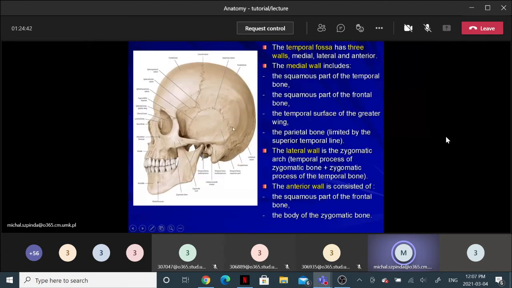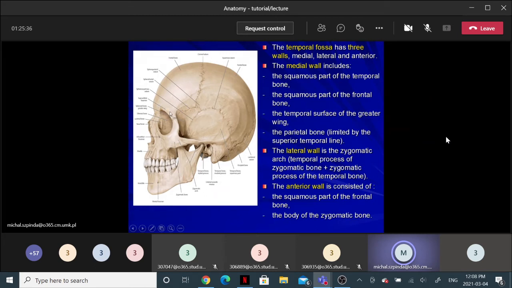Now we'll be concentrating on the 5 external topographic elements on the exterior of the skull, and the very first visible on the lateral aspect, norma lateralis, of the skull is the temporal fossa with its large medial wall that refers to the temporal plane, its short lateral wall composed of the zygomatic arch, and its anterior wall composed of 2 reciprocal processes.